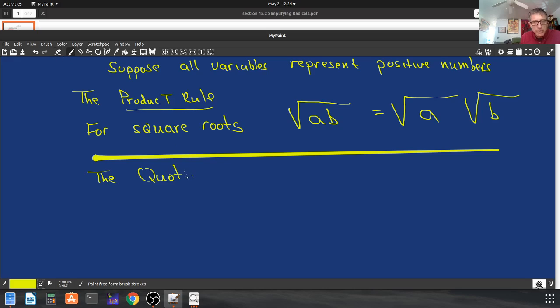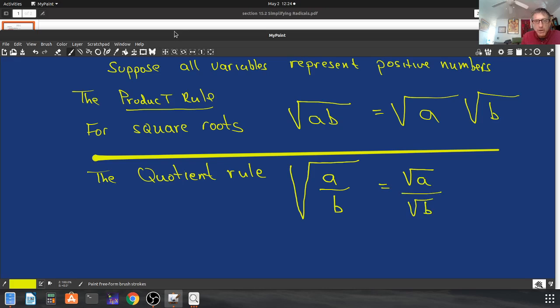The quotient rule, since really division is a certain type of multiplication, is the same. The square root of A divided by B is equal to the square root of A divided by the square root of B.